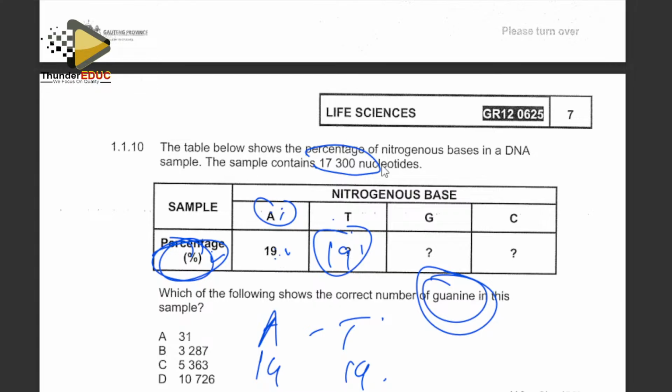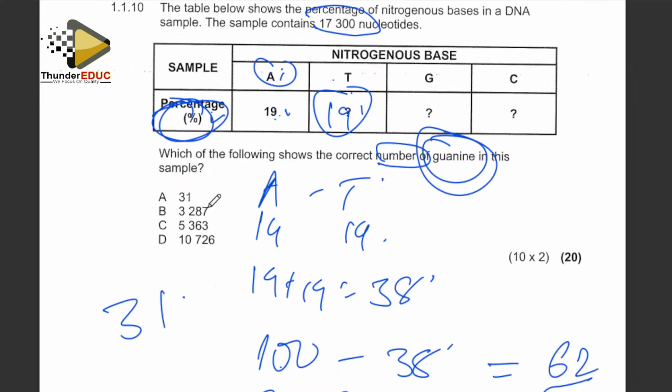They're saying which one of the following shows the correct number? Guys, they didn't say correct percentage. If it was the correct percentage, it would have been A. But they said number, so I have to convert this percentage. I've got the 31, and I have to turn it into numbers. That's why they gave you this number.